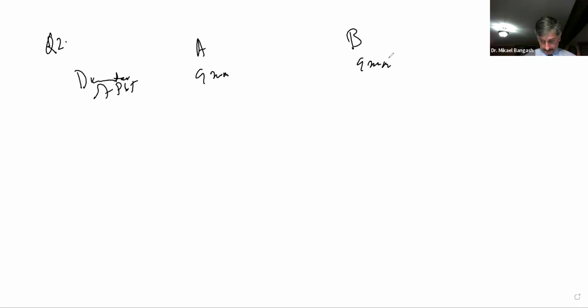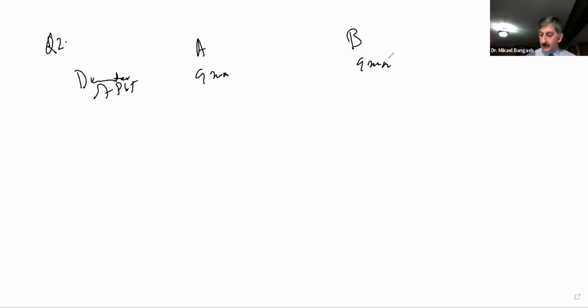Question number 2. Again, a pair of 9 millimeter diameter probes. Again, we have probe A and probe B. Here what is the same is the diameter of the PZT, so both of them are 9 millimeters.